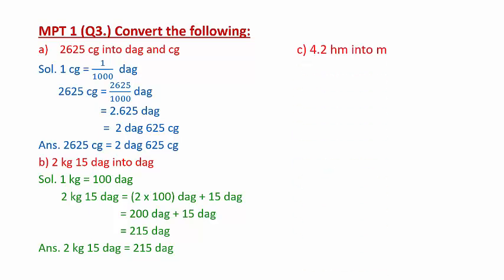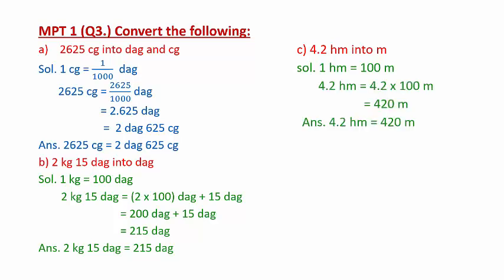Next question is 4.2 hectometer into meter. Since hectometer is a bigger unit and meter is a smaller unit, the operation will be multiplication here. And the relation between hectometer and meter is 1 hectometer equals 100 meter.